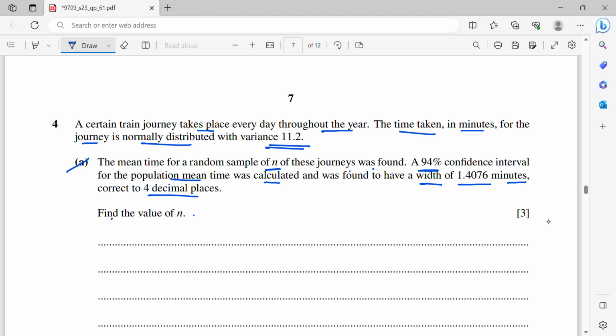Okay, so now, 94% confidence interval for mu. The formula is x bar plus minus. Now let's check. The variance is given, therefore we are using the z-test. So it is z times sigma over square root n.